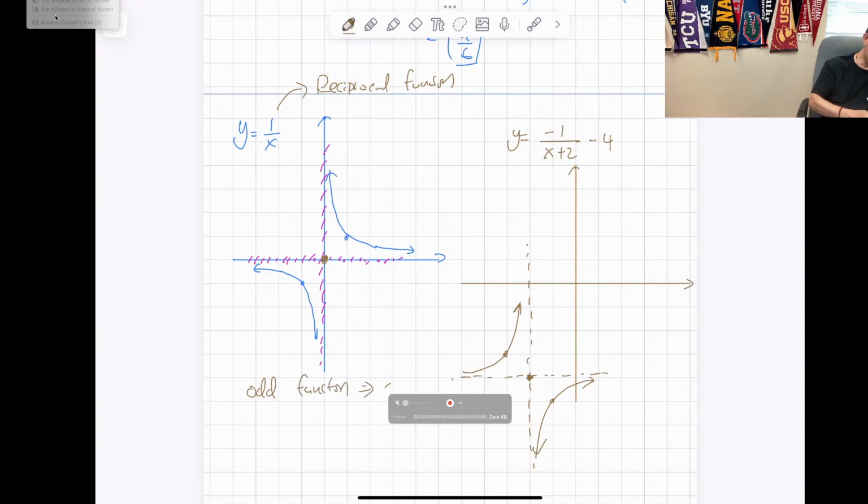That means it has symmetry to the origin. It has a horizontal asymptote and a vertical asymptote. The horizontal asymptote is y equal to 0, and the vertical asymptote is x equal to 0. And you can translate that.